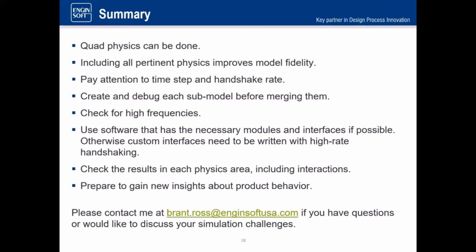And on these problems, I'd say most of the time, the handshake rate ends up being on the order of 1,000,000 times a second, or 10 to minus 6 is the time step between the handshakes. So it's fairly frequent, and it works really well.